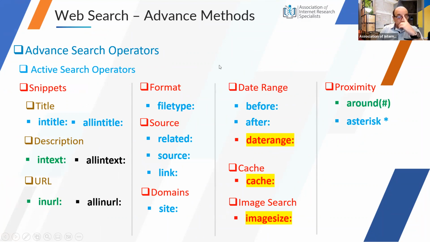Okay, so what I have in front of me are the types of advanced search operators that we'd be using. We don't have a whole lot of flexibility because there is so much limitation to what we can do.